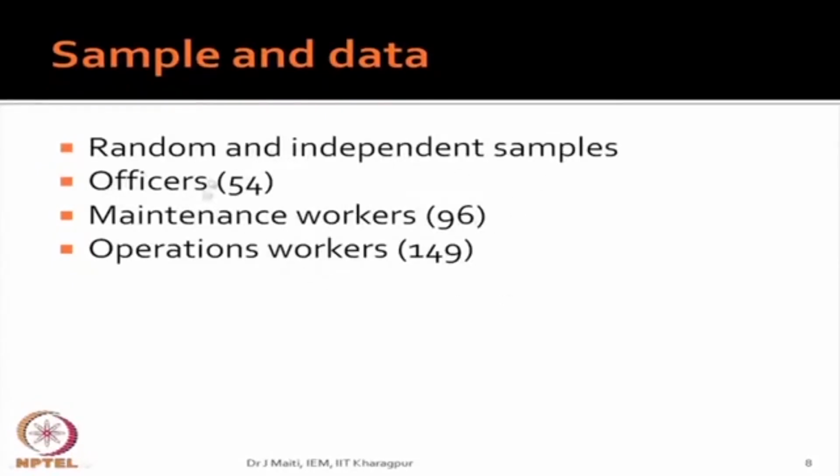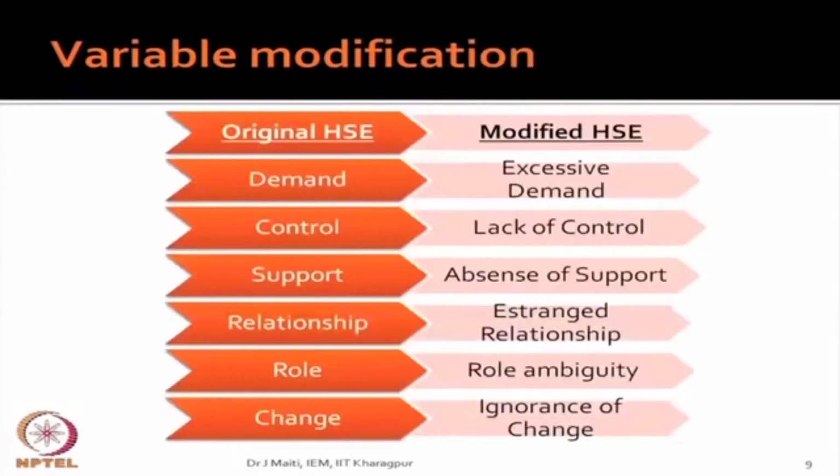So, this is what I can call the sample size determination. And when we administered the questions, 54 officers were selected randomly. It is not that we selected one after another, it is randomly selected. Similarly, 96 maintenance workers and 149 operations workers were selected randomly. Okay. So, this is my data.